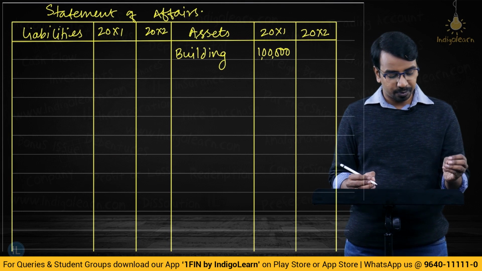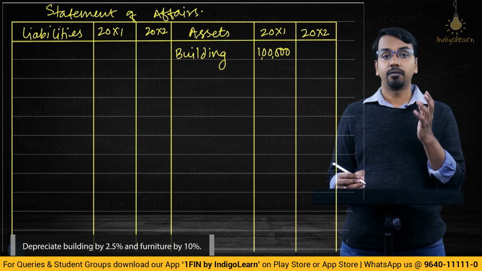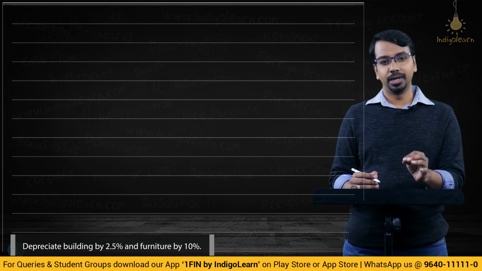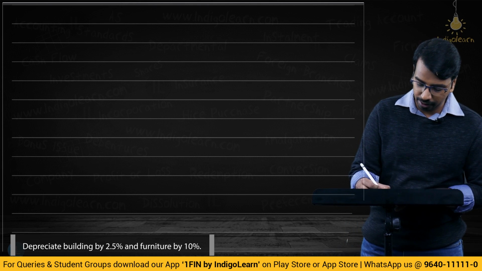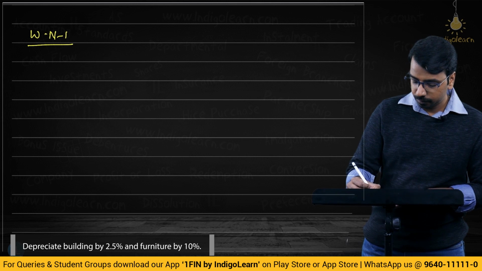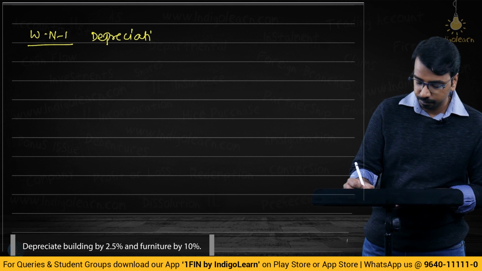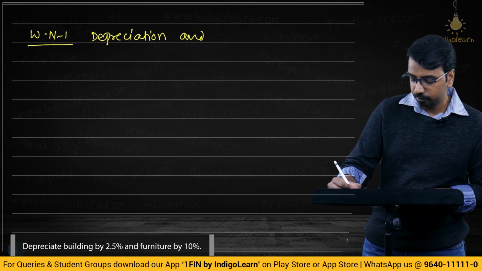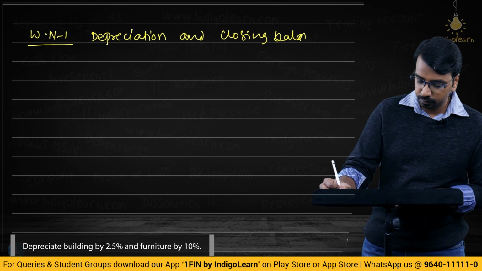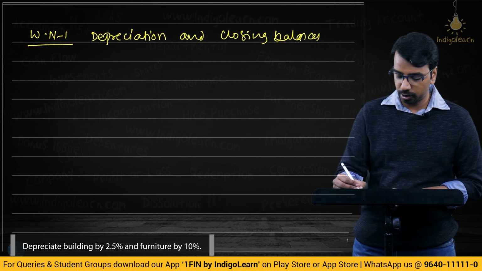It says depreciate building by 2.5%. So let's prepare a working note to arrive at the closing balances of building and furniture. So you have working note number 1, depreciation and closing balances. What are the two things you have?